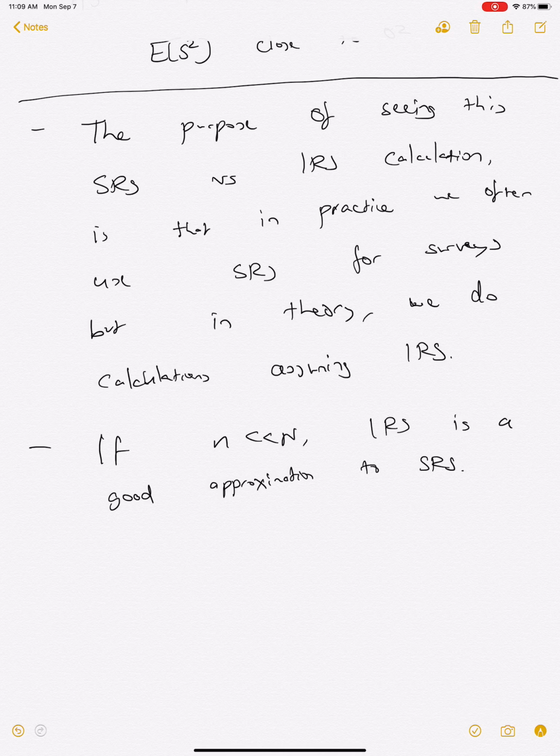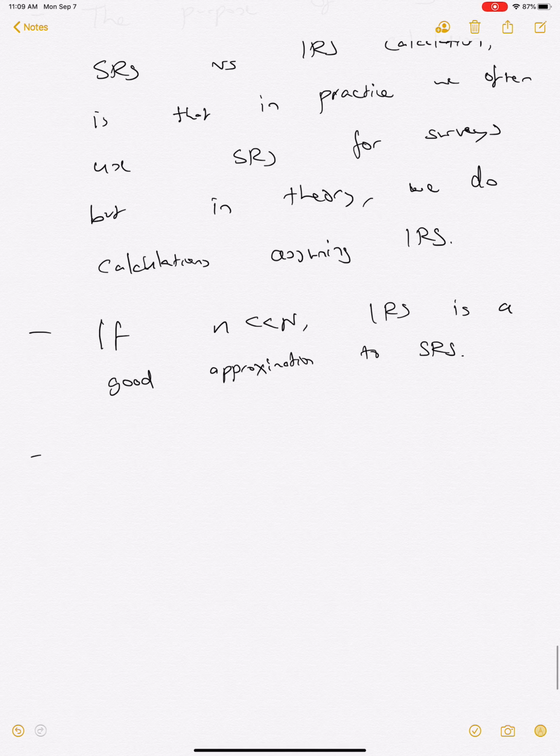But obviously if you're in a scenario where big N is like, say, 50, and then you draw like 20 or 50 samples, so little n is comparable to big N, IRS is not a good approximation to SRS.